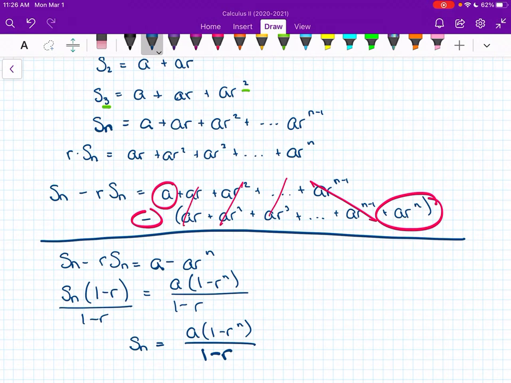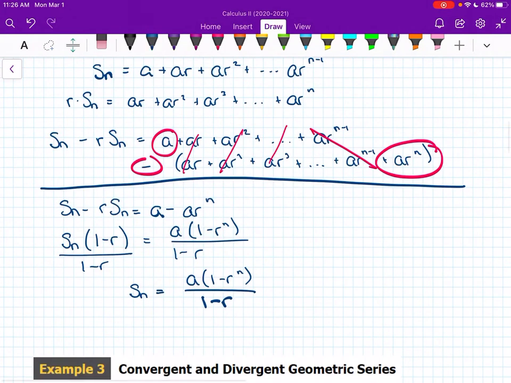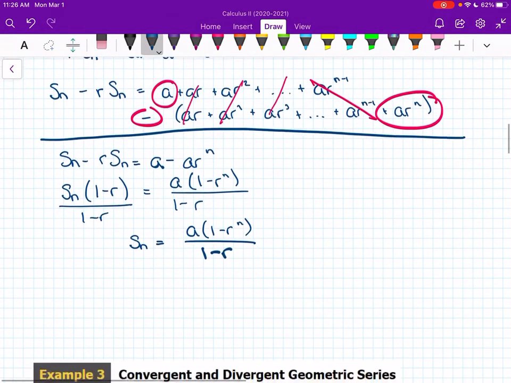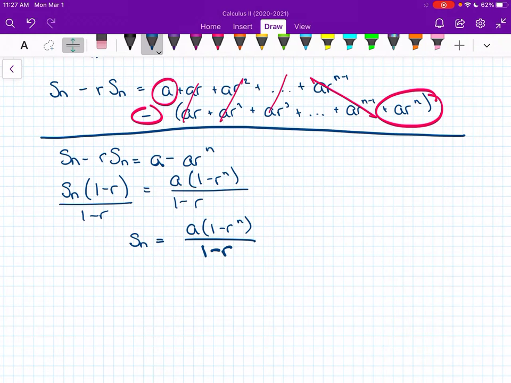And we want to think about this as our limit as n goes to infinity.